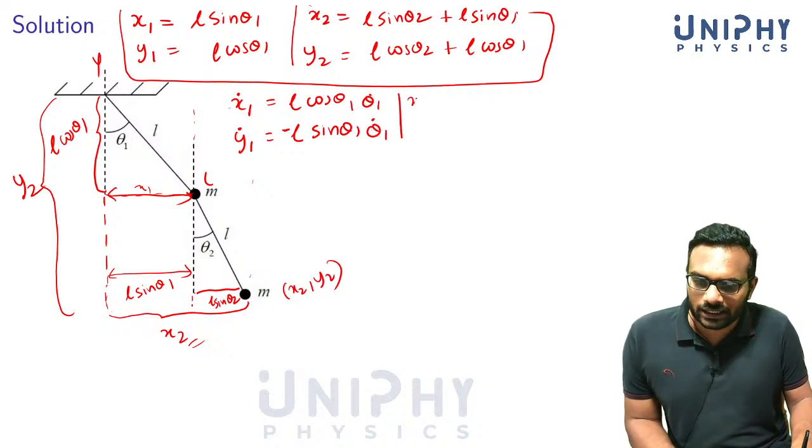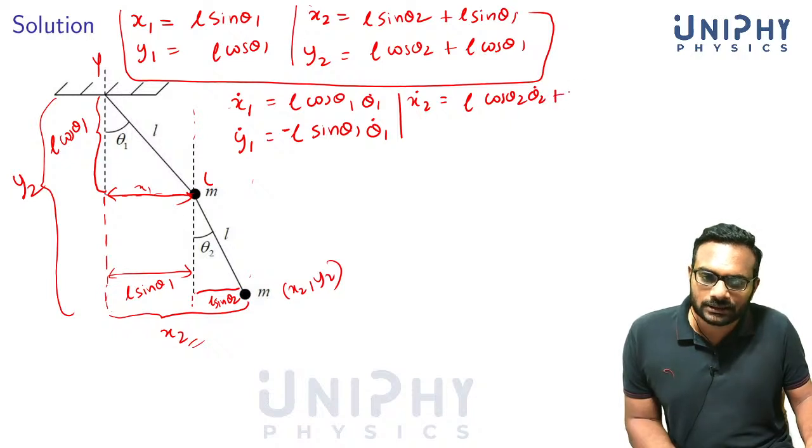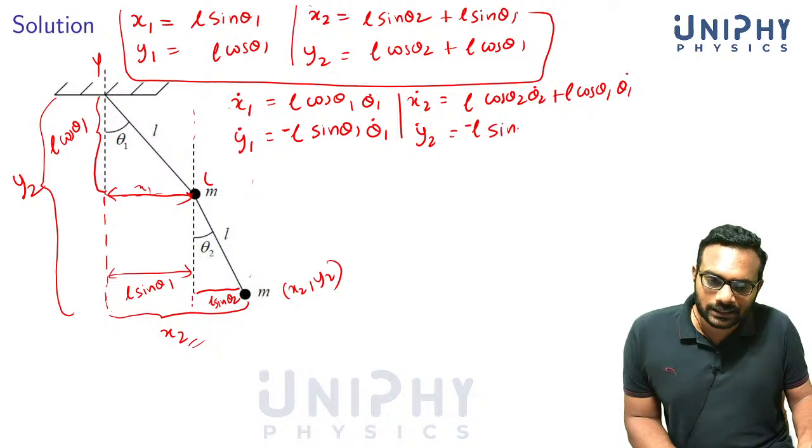What's x2 dot? x2 dot is equal to L cos theta 2 dot plus L cos theta 1 dot. y2 dot is equal to minus L sin theta 2 dot minus L sin theta 1 dot.